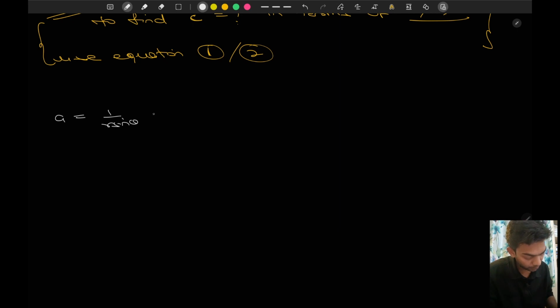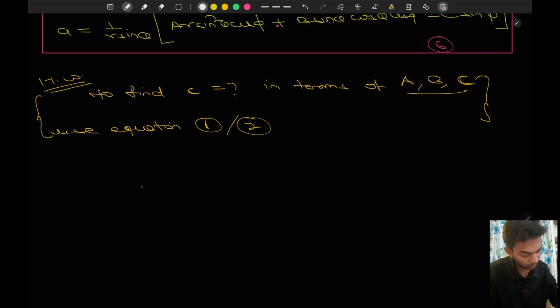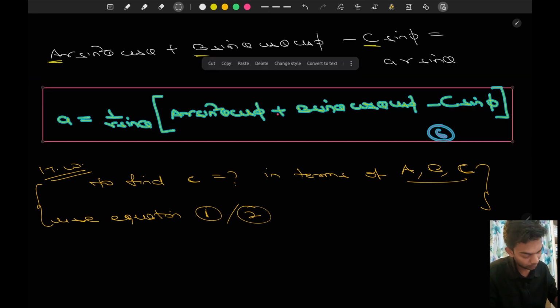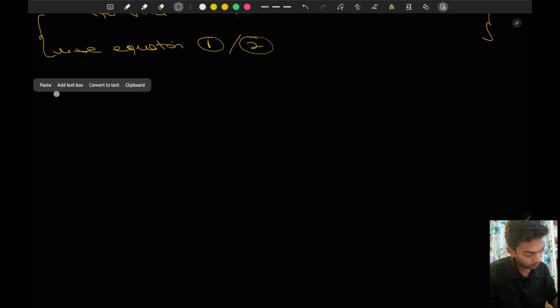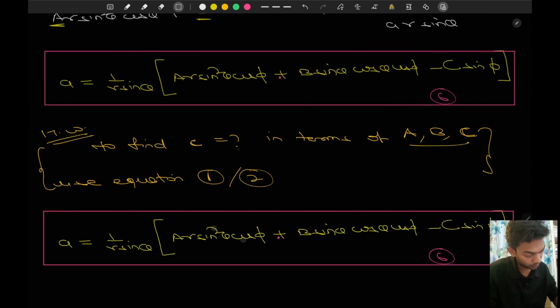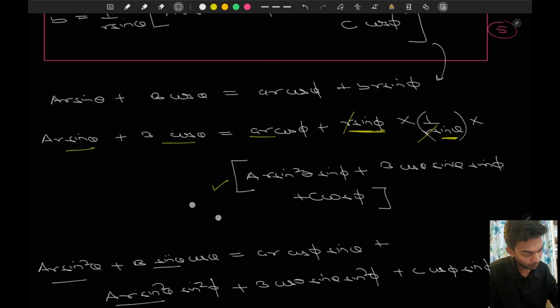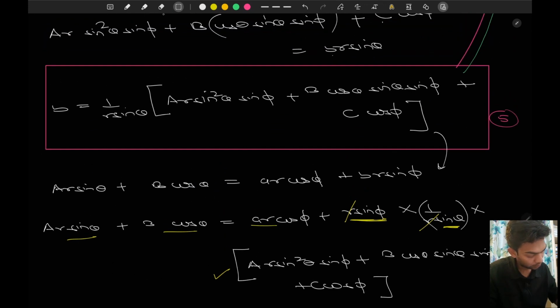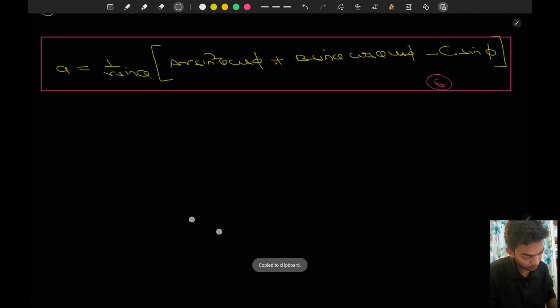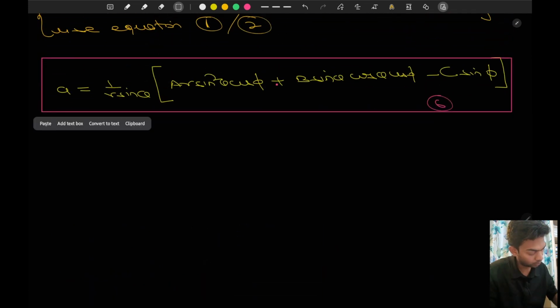Let me copy this relation because this will take time, and paste. This is my first relation. Then I have the other one, which is b. Let me copy and paste. Oh, what did it do?